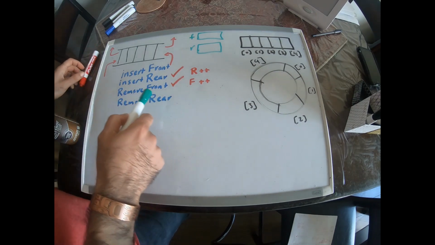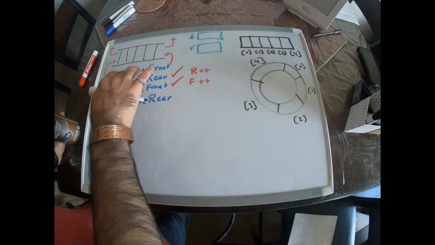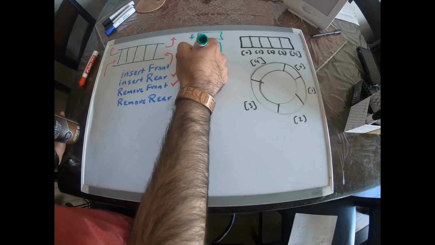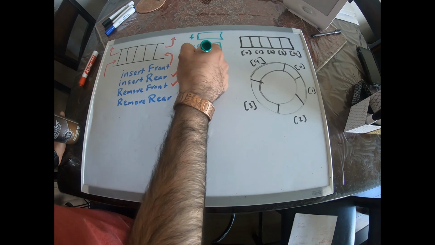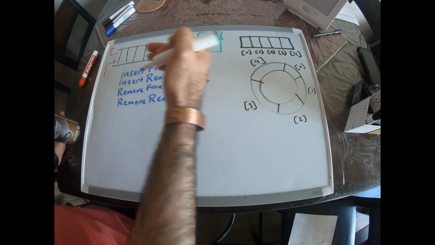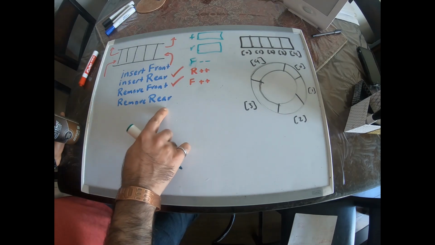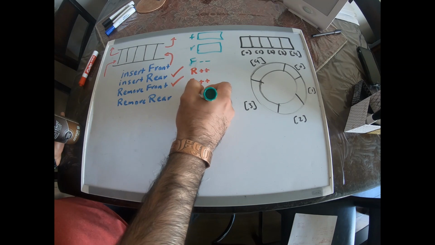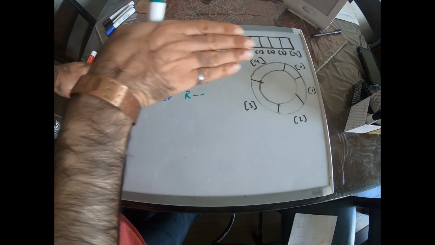Now that I wrote these main four operations here, I just wanted to show you that when you insert from the front, your front is going to be moving towards the left, and when you remove from rear, your rear is going to be moving towards the left. When you insert from the rear, your rear moves to the right.